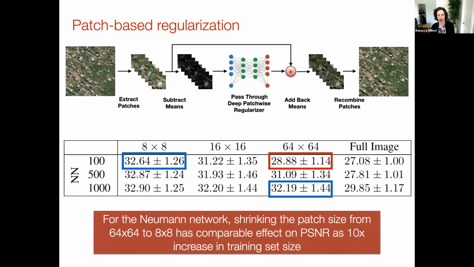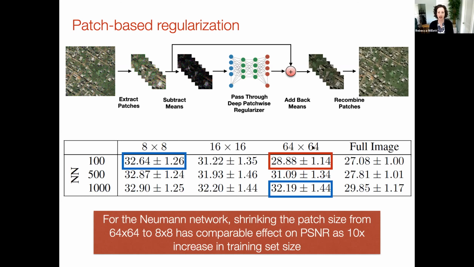And then once we've got clean regularized patches, we can recombine those to form a full image. And the idea here is that now the conditional distribution that we have to learn, instead of lying in the huge image space, is lying in a much lower dimensional patch space.